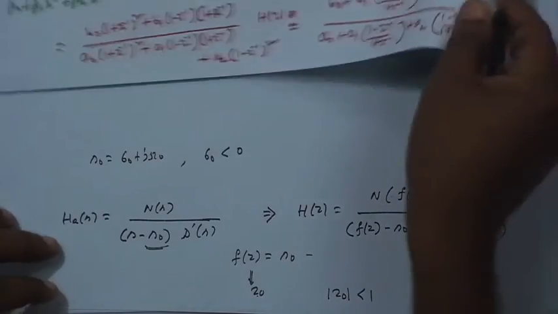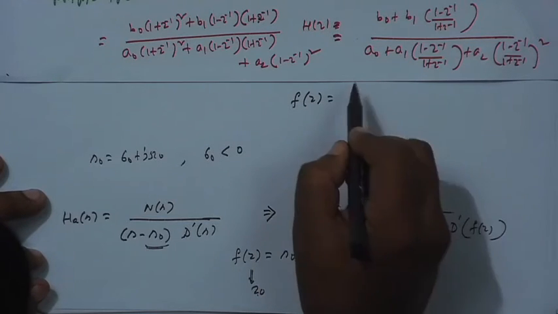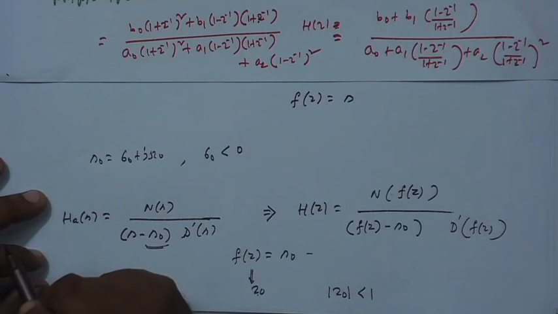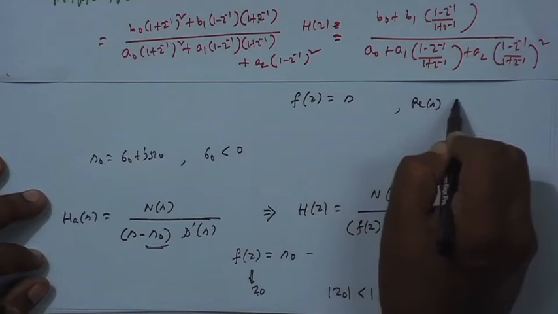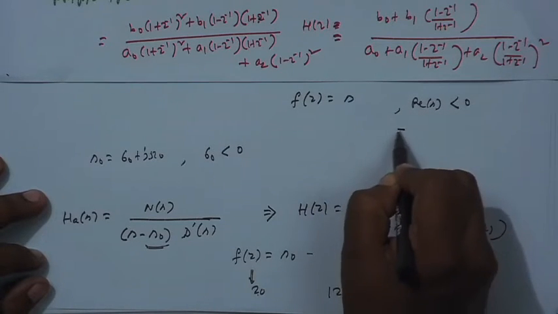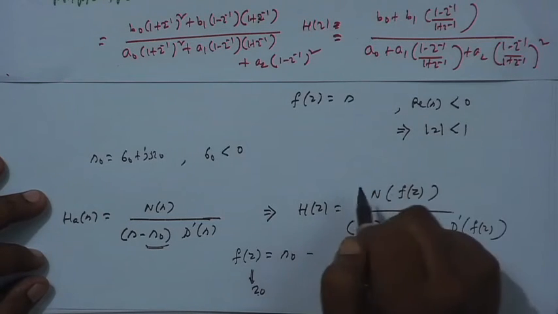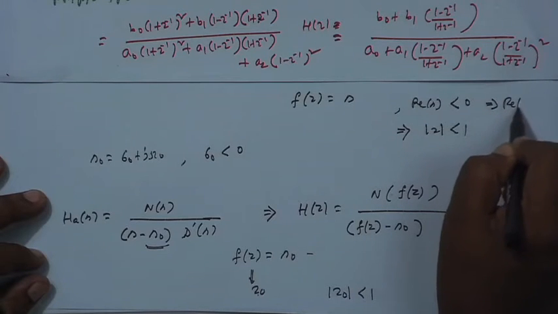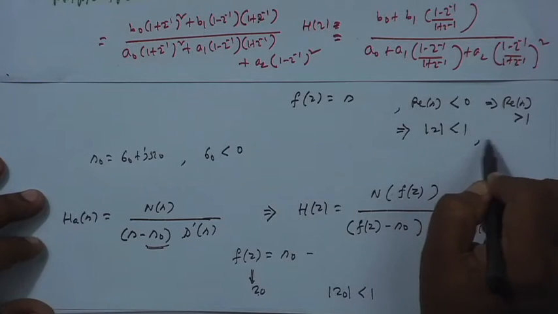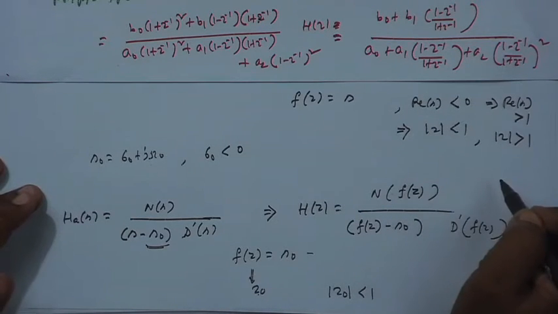Now, another condition: if you solve f(z) equal to some s, and if the real part of s is less than 0, then this should lead to mod z less than 1. And if the real part of s is greater than 0, the analog system is not stable, then here also mod z should be greater than 1.